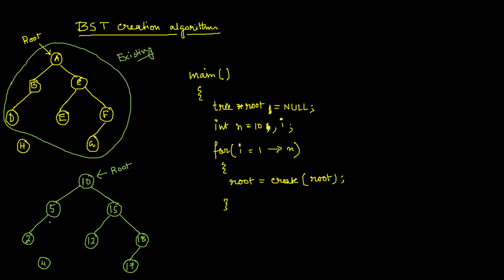You will go left again because 4 is lesser than 5. So you have found this 2, and then you check with 2 and find that 4 is greater than 2. So you should go to the right side of 2, but there is nothing on the right side. Since there is nothing there, you connect it. If there was something on the right side, then you would have had to go there.